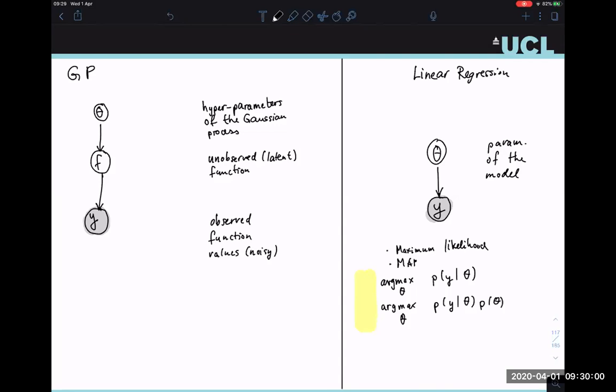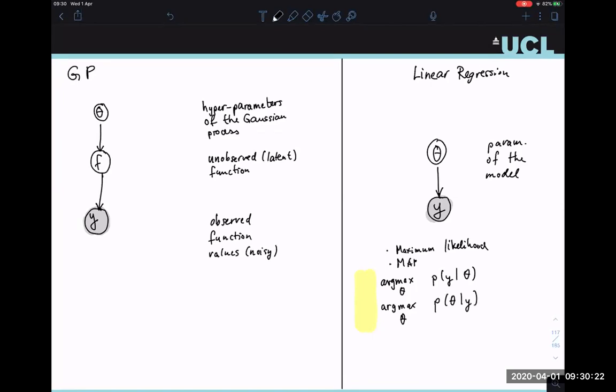Since the prior and the posterior depend on the parameter theta, we can find a parameter that maximizes both.